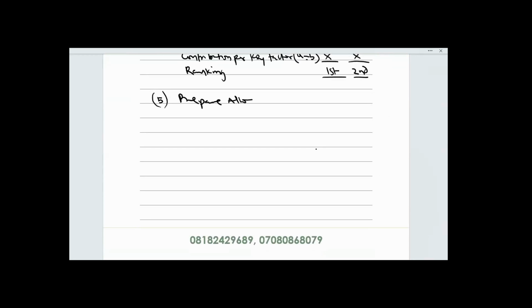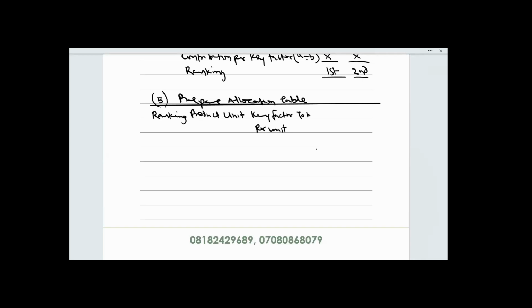table. In this allocation table, you are going to create about 8 columns. The first column will be the ranking that you have done. Then the product that you have ranked. The units. Then key factor per unit. It could be material kilogram per unit or labor hour per unit.